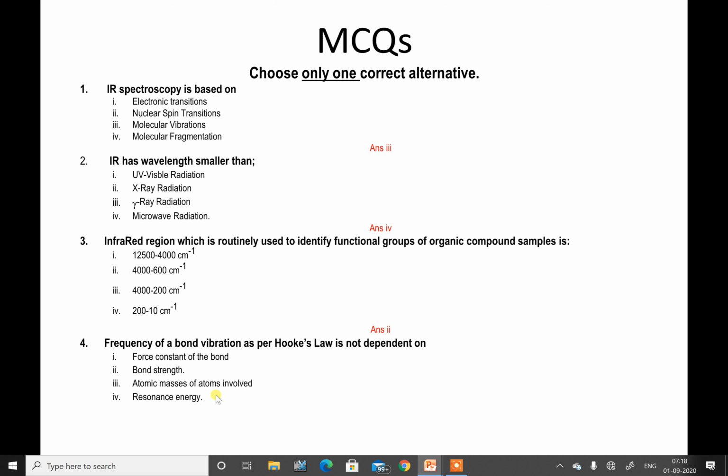If you visualize the equation of the Hooke's law, you have force constant in the numerator, and more or less bond strength also depends on the force constant, and at the denominator you have the atomic masses, the reduced atomic mass, that is the product divided by the total of the masses, and therefore it's resonance energy which it doesn't depend on. So the answer is 4.